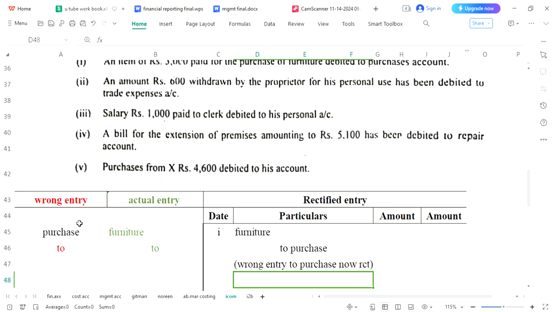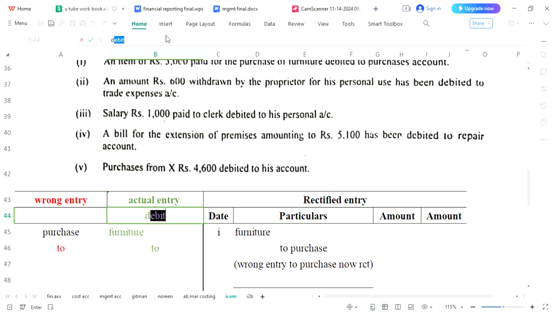I want to remind you that whatever is written in the actual entry, you will do the same. If it is debit, do debit. Credit, do credit.